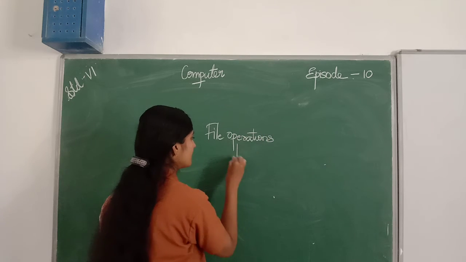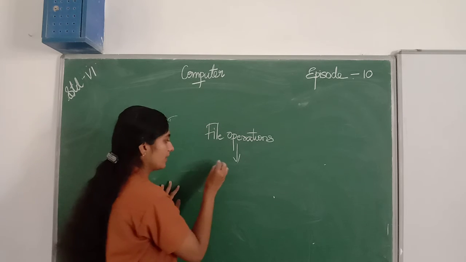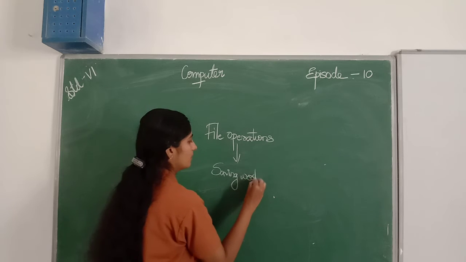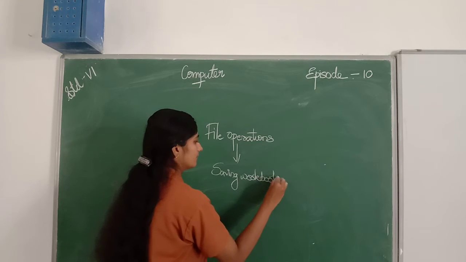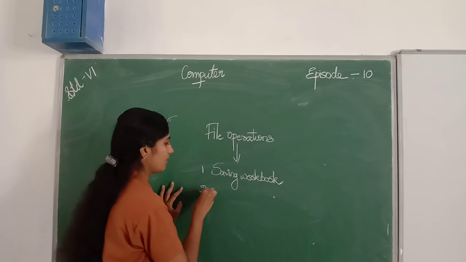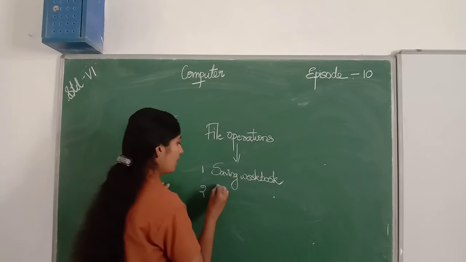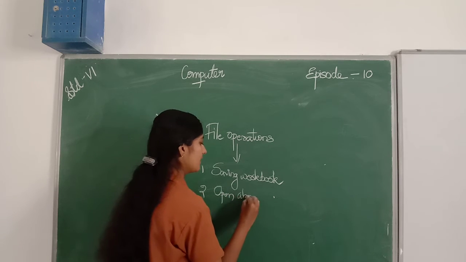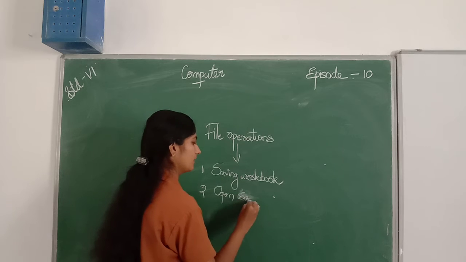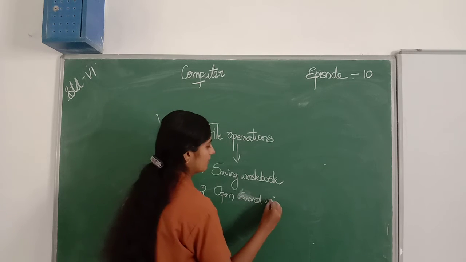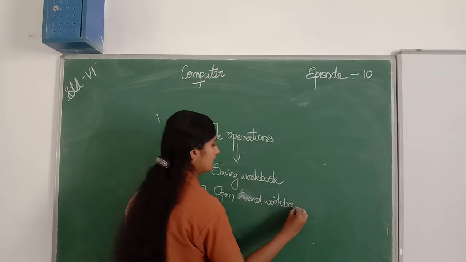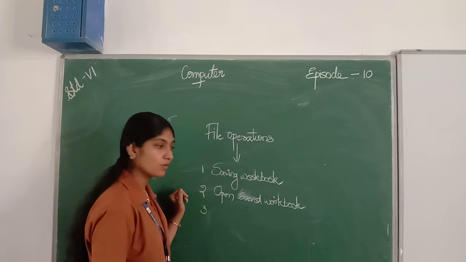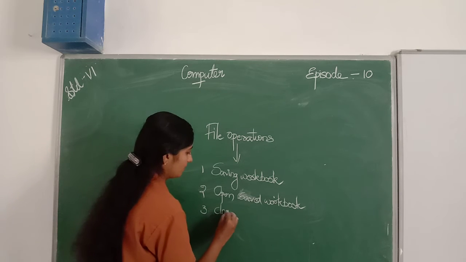File operations include first saving workbook. Second one, open already saved workbook. Third one, how to close workbook.